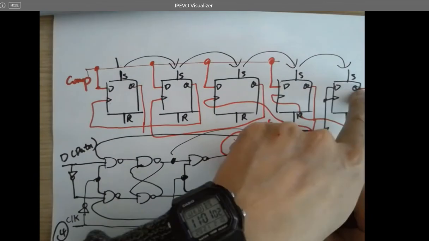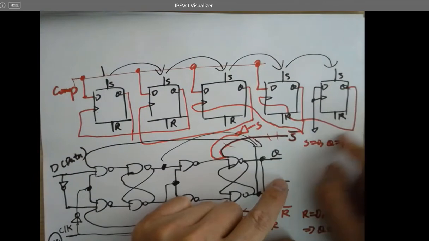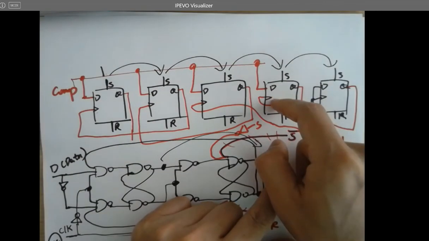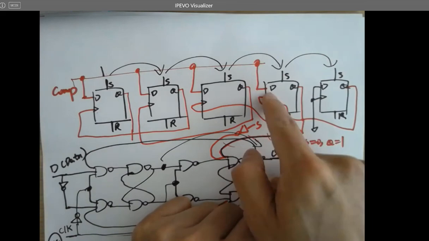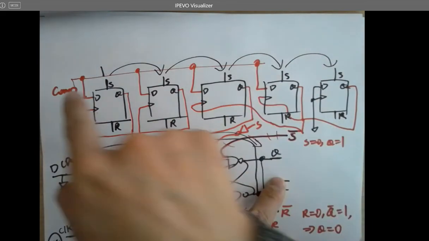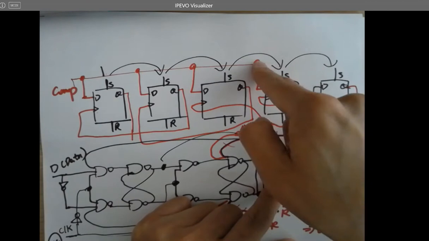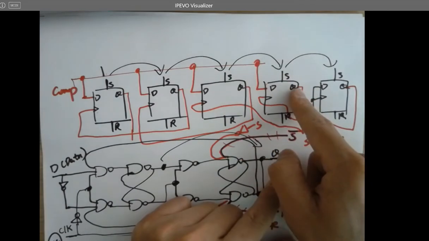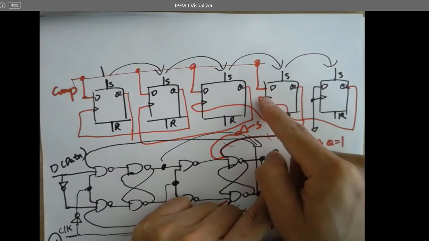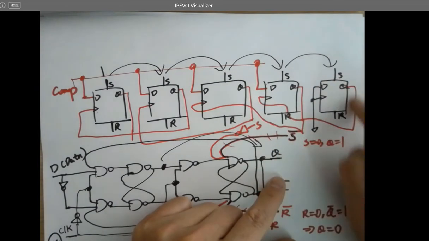I just need to set it at one moment to give a rising edge to the clock of this stage, so it is able to accept whatever on this data line. So it's going to be transferred to Q. Need a rising edge here. Whenever I'm setting this guy, it's going to give a rising edge.